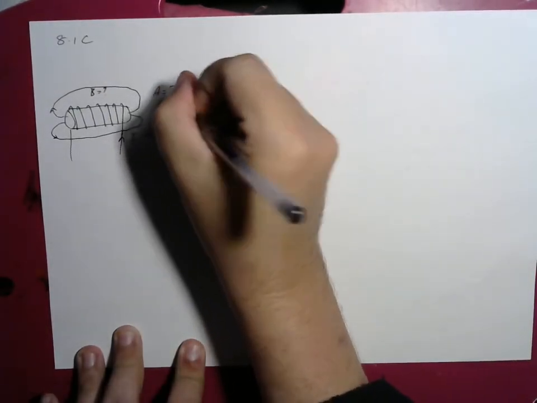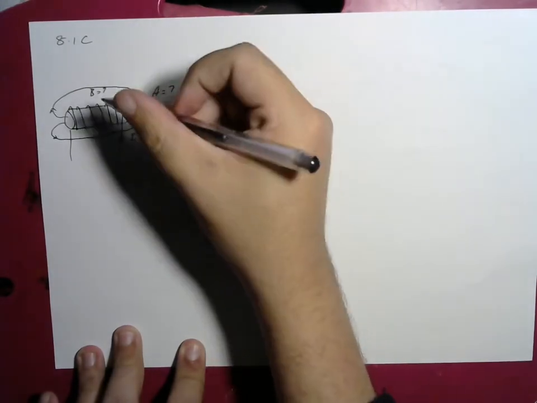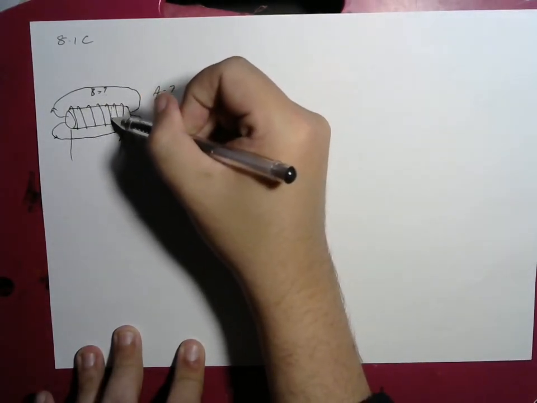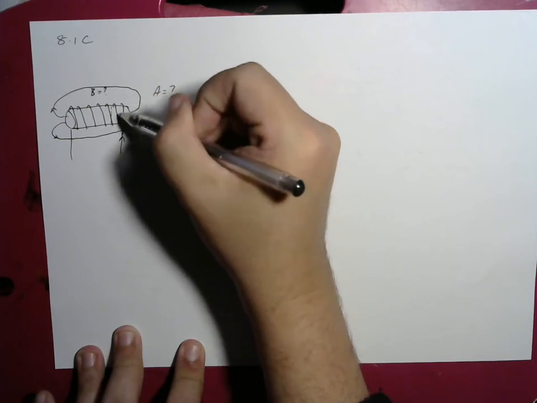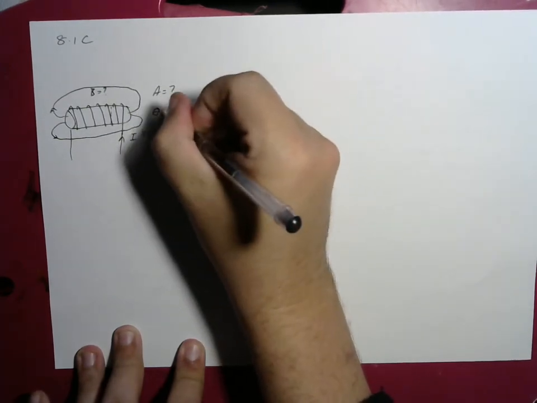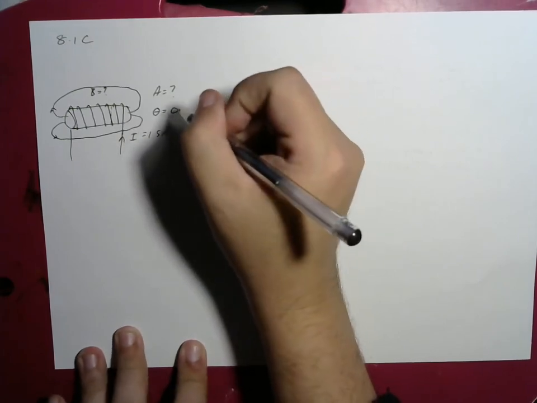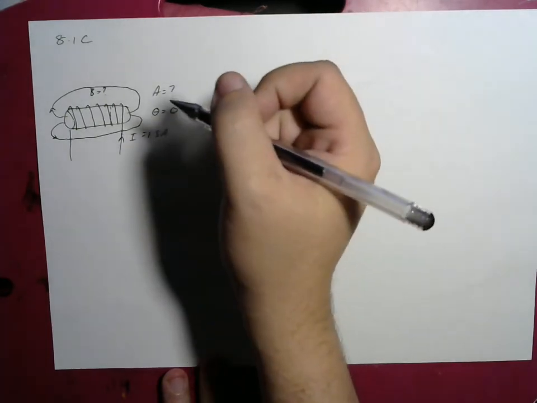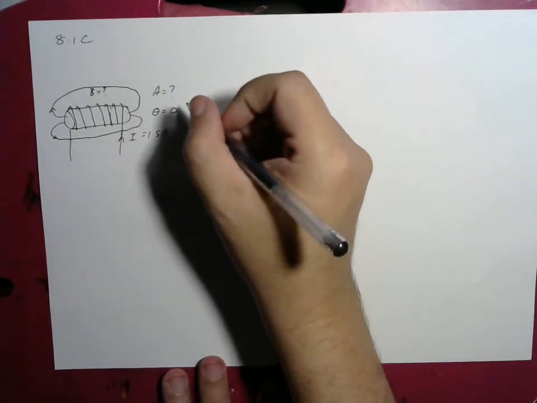We don't know our magnetic field yet. We need to work out our area. Okay, the angle in this case, well, we're dealing with a cross section, so we're dealing with our area this way, okay, and the field is going up through the middle, so the angle in this case will equal 0. But how do we work out the magnetic field for a solenoid?